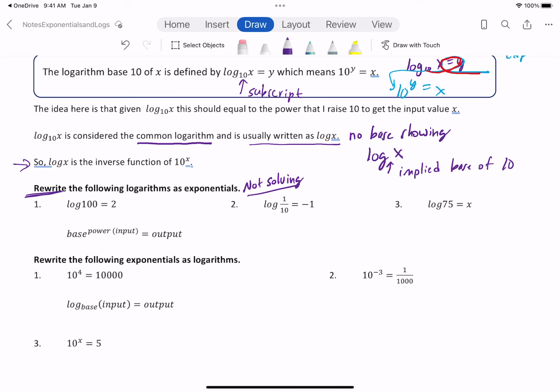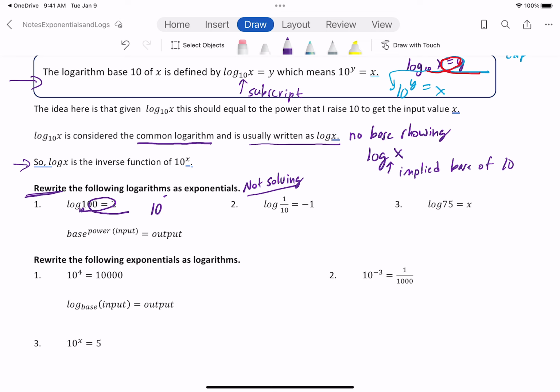So to do that, we can use what we learned up here. It says log 100 equals 2. So we know it has an implied base of 10. So to rewrite that as an exponential, you start with the base and follow it around. So the base is 10 because it was an implied 10 there.